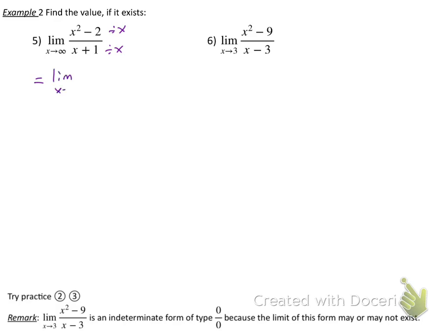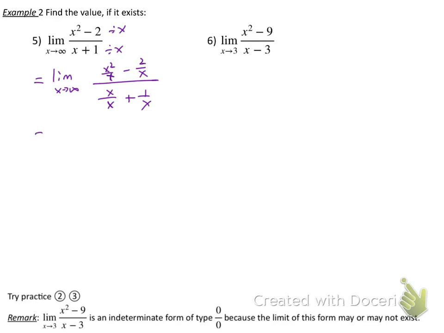So here x approaches infinity, we have x over x, 1 plus 1 over x. On the numerator, you have x squared divided by x, that's x. Well, do you understand what I mean? Let me write it out. So I have x squared over x minus 2 over x, over x plus 1 over x. That's what I mean by divided by x.